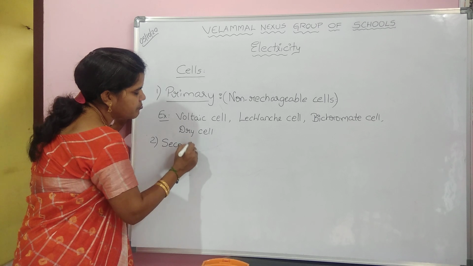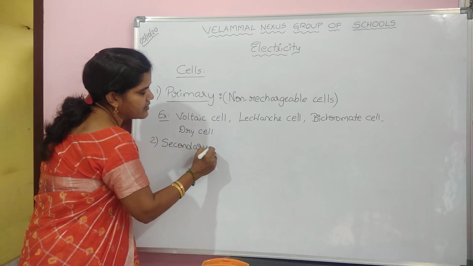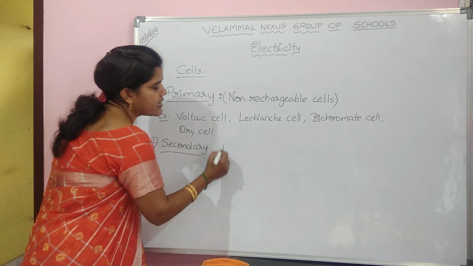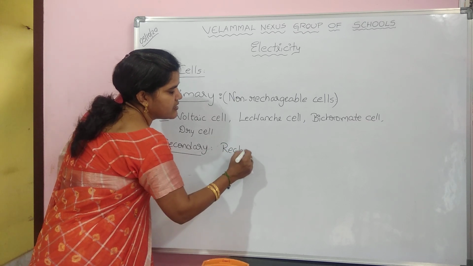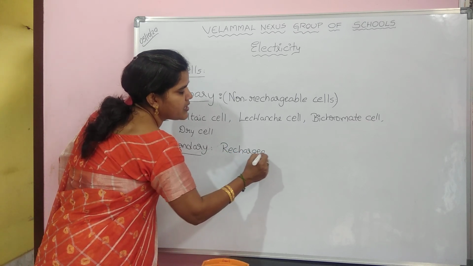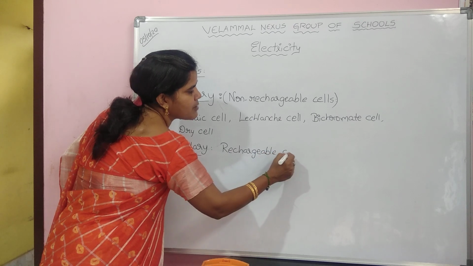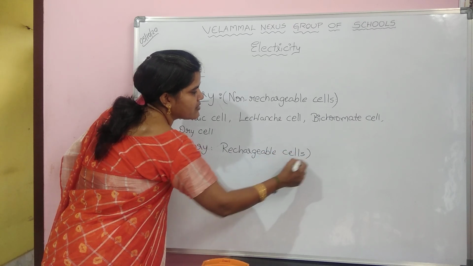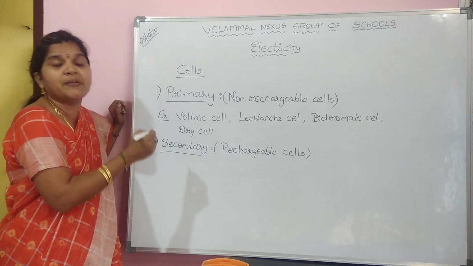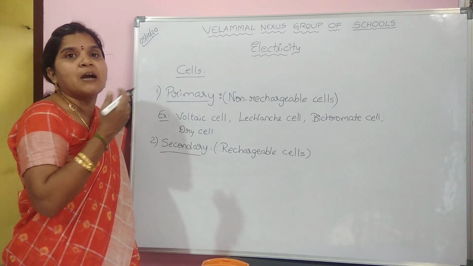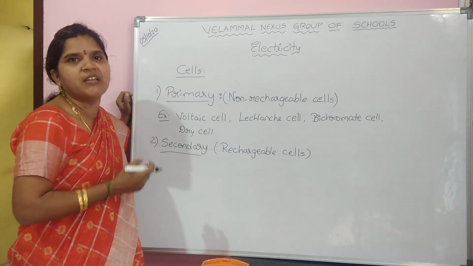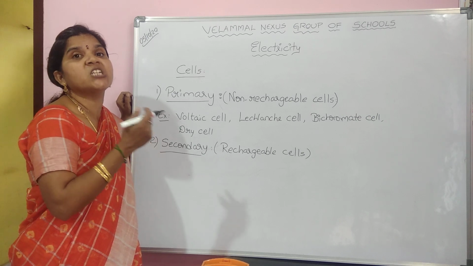Then what is the second type of cells? Secondary cells. They are rechargeable batteries, rechargeable cells. The meaning of this is, once the cells have been used and the charge is completed, we can go for recharging once again.